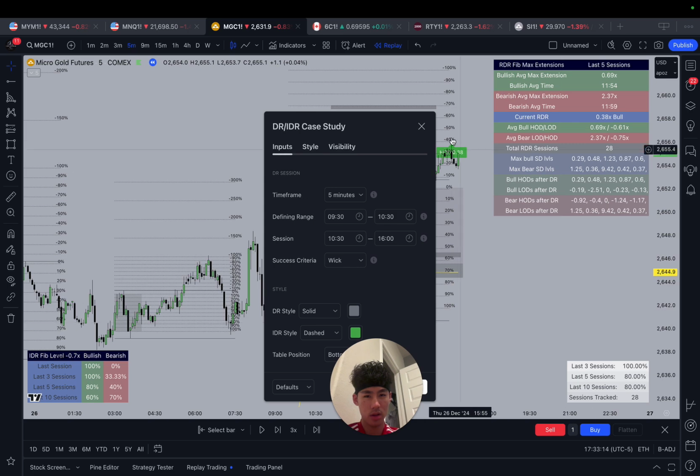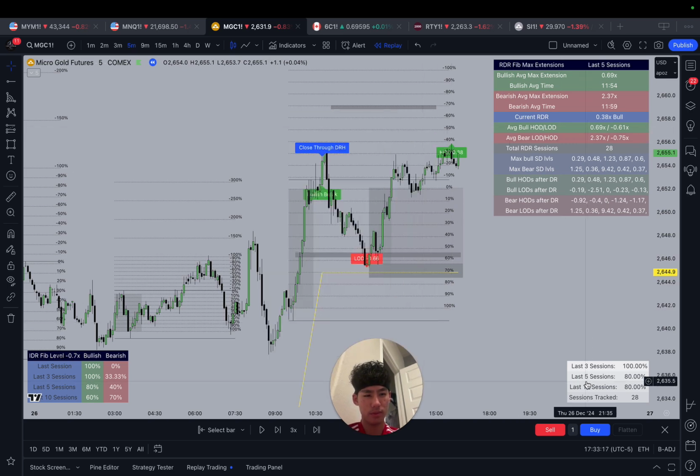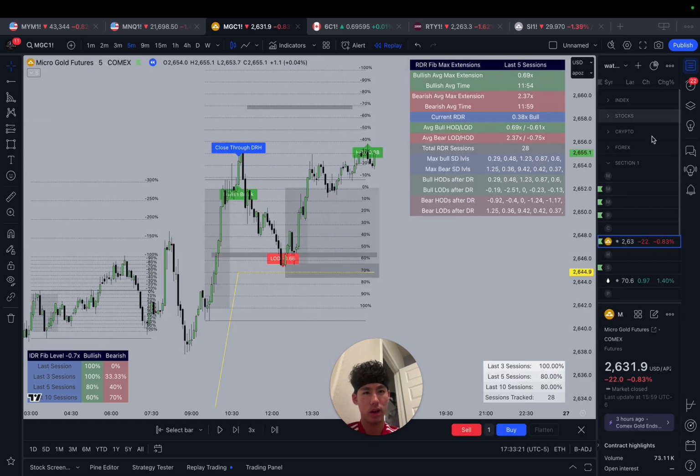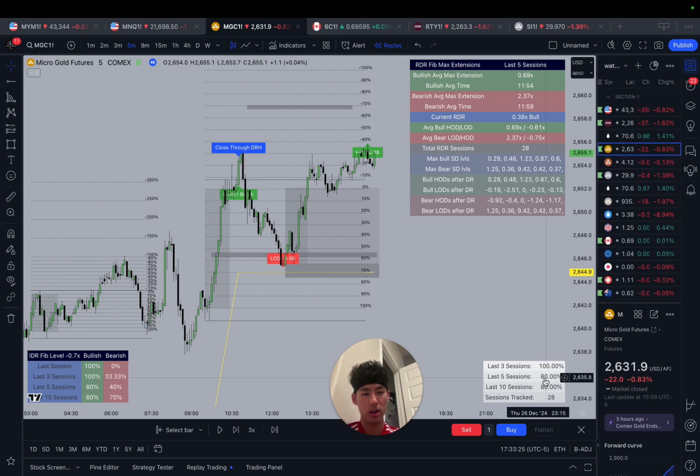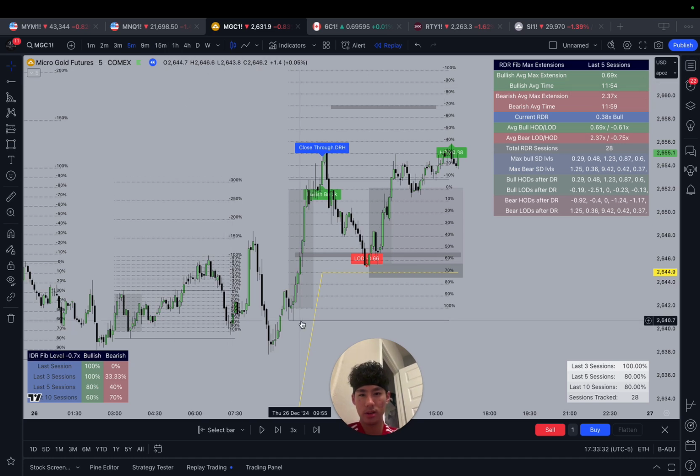And then for the DR sessions, when it confirms and it won't reach the low, I basically go through my list of assets every day and see which are the most consistent or have the highest probability setups where the low or the high will hold after either side confirms.